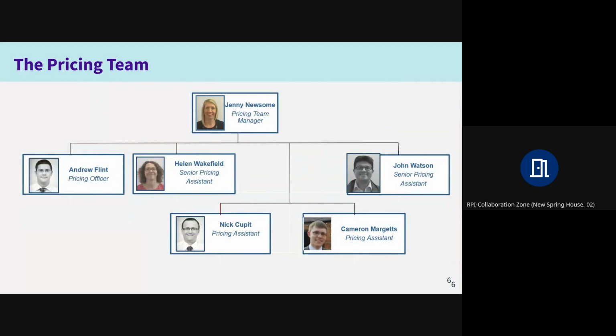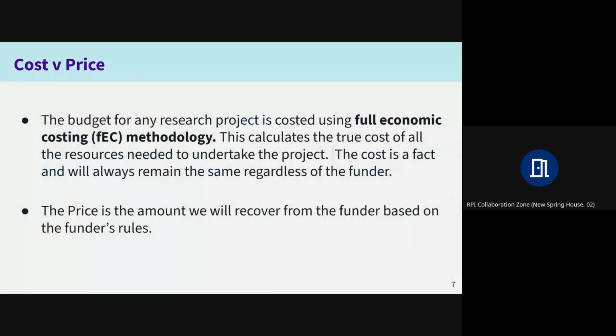This is the pricing team. Nick and Andrew have been here so long, they're black and white. They have been here a very long time, 20+ years. So yes, a small team.